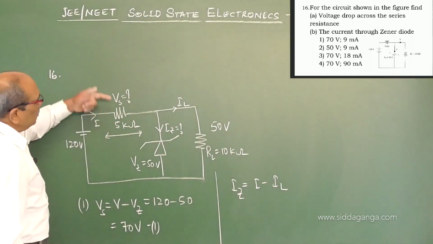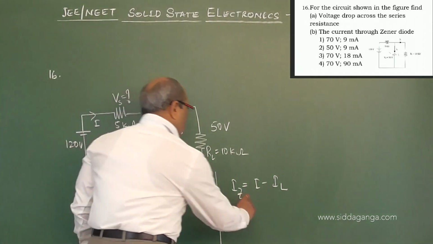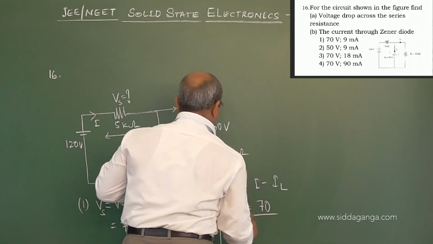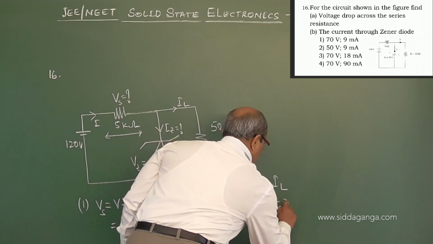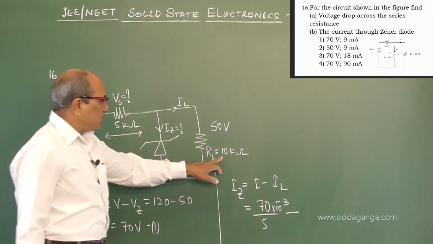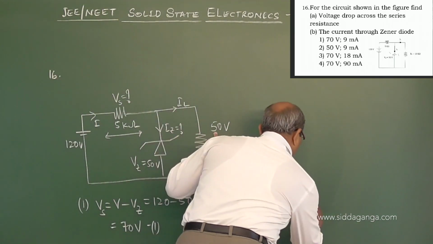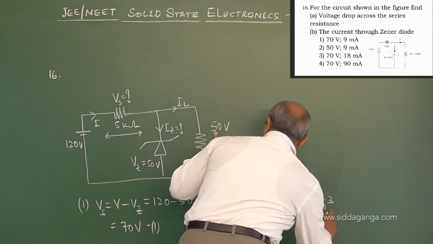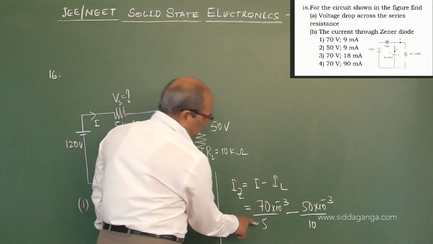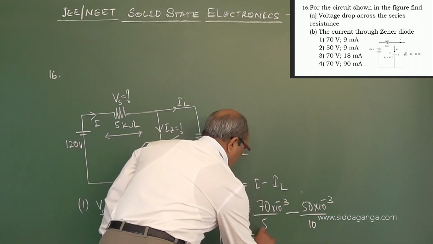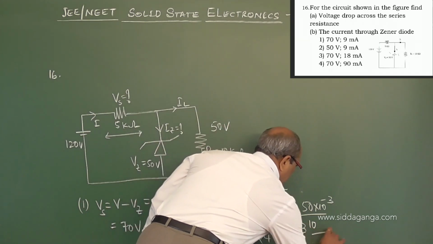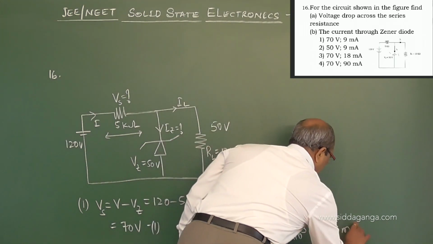Main current is voltage by resistance: 70 by 5 kilo ohm, that is 14 milliampere. Load current is 50 by 10 kilo ohm, that is 5 milliampere. So 14 minus 5, which is 9 milliampere.